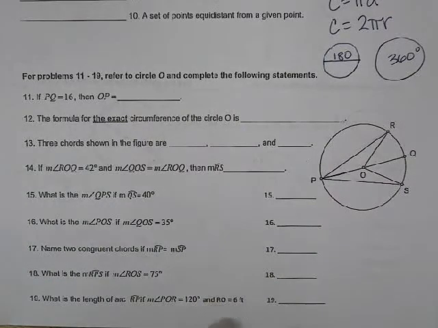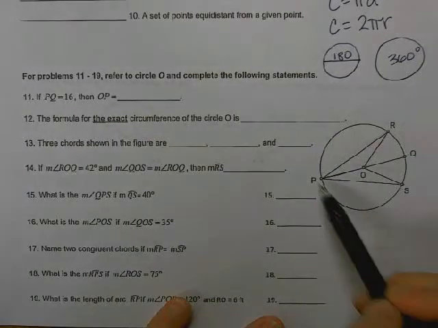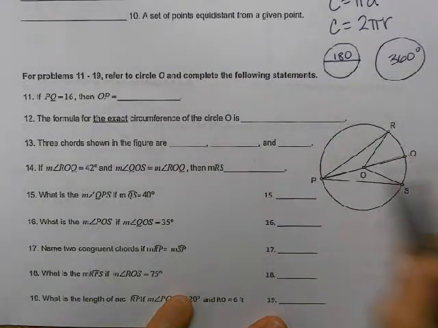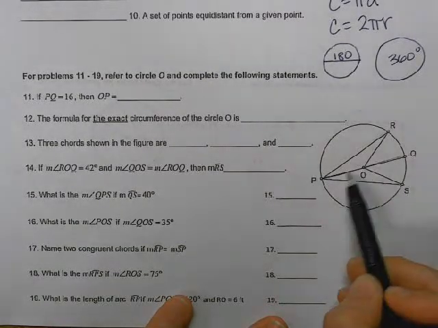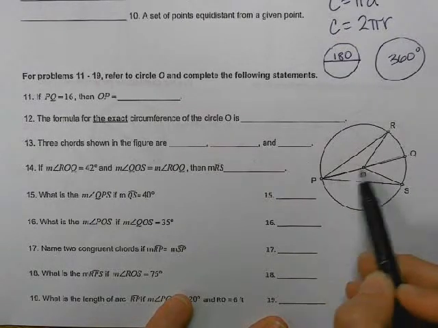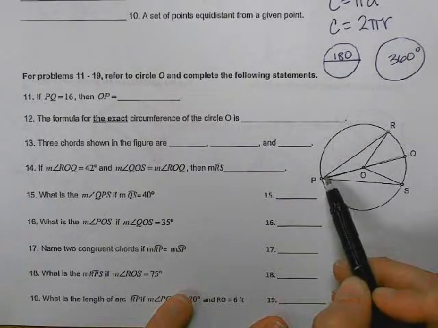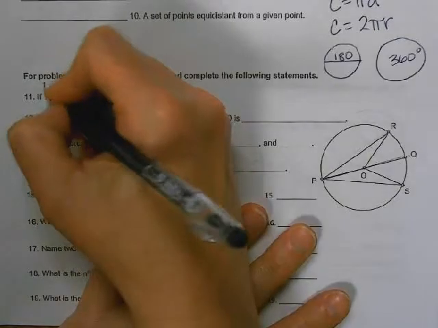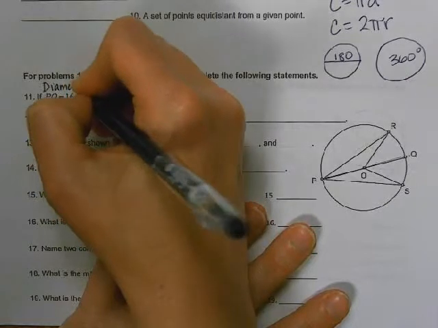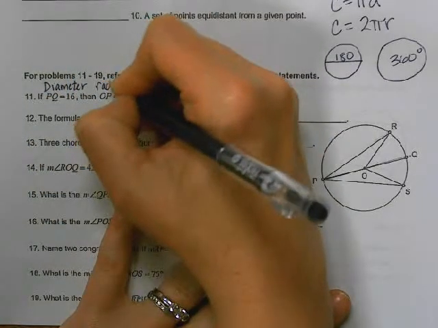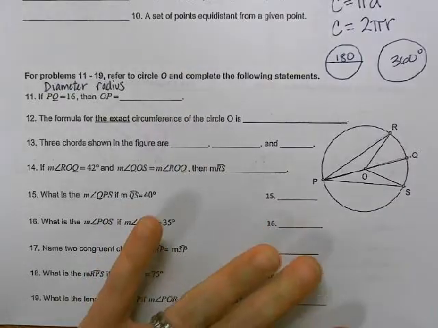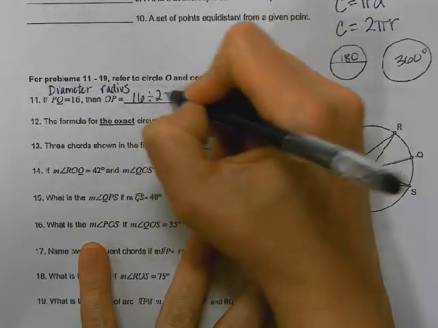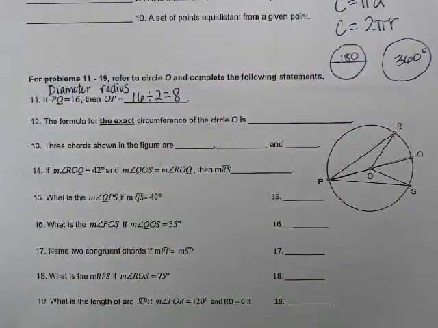Radius, diameter, chord? Diameter, right? So if the diameter is 16, then OP, from O to P, is a radius. So PQ is a diameter, OP is a radius. To get from a diameter to a radius, I just do 16 divided by 2, and that's 8. Okay?